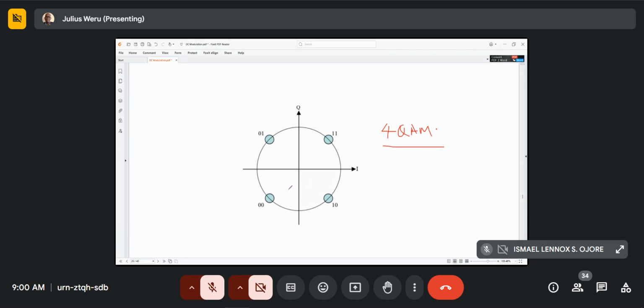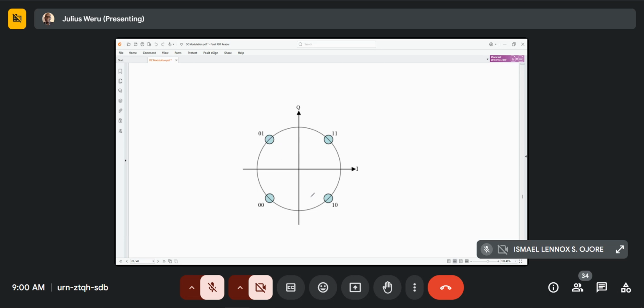This is the same as for PSK. Well, actually, this is for PSK. We have used the QAM method to generate it, but actually you can see it's PSK because the amplitude is the same.